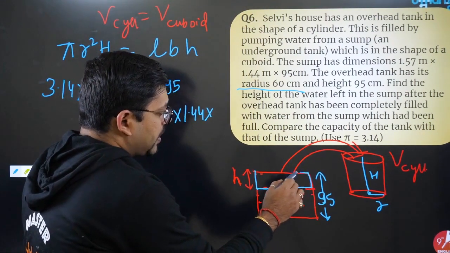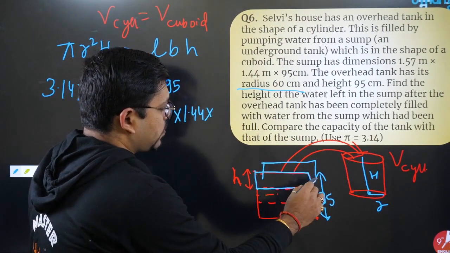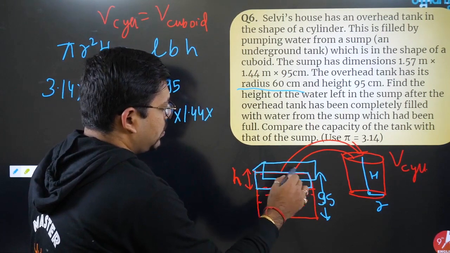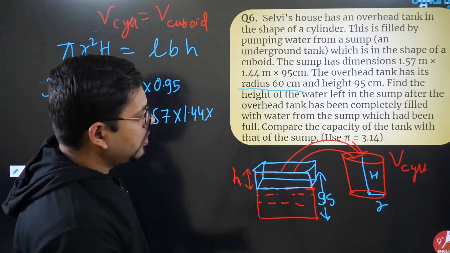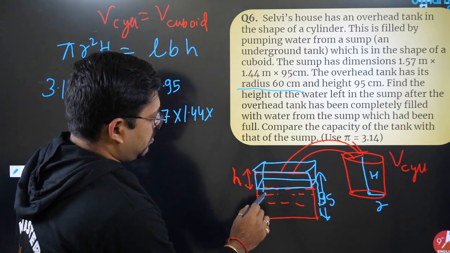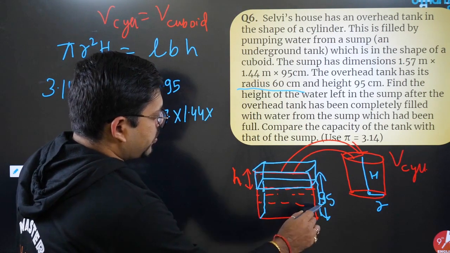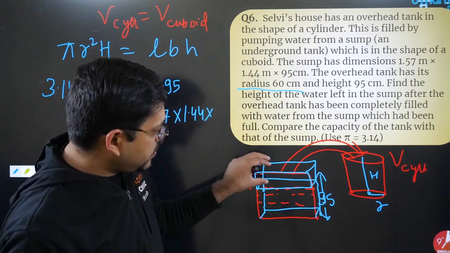So the volume contained in this much cuboid, only this much is required, isn't it? See here, only this much volume of water has been reduced. Although this goes till here, only the top portion has to be taken into consideration.